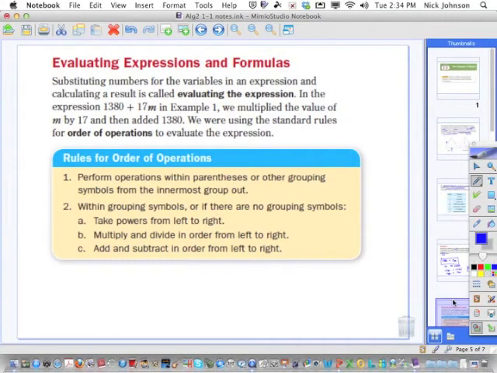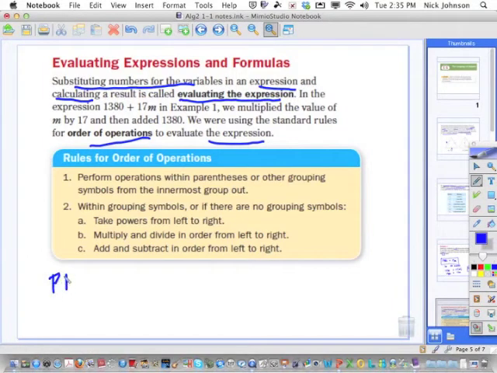Evaluating expressions, something that we just did. Substituting numbers for variables in an expression and calculating a result is evaluating an expression. As soon as I put that 100 in for M, we started evaluating that expression. We were using the standard rules for order of operations to evaluate the expression.